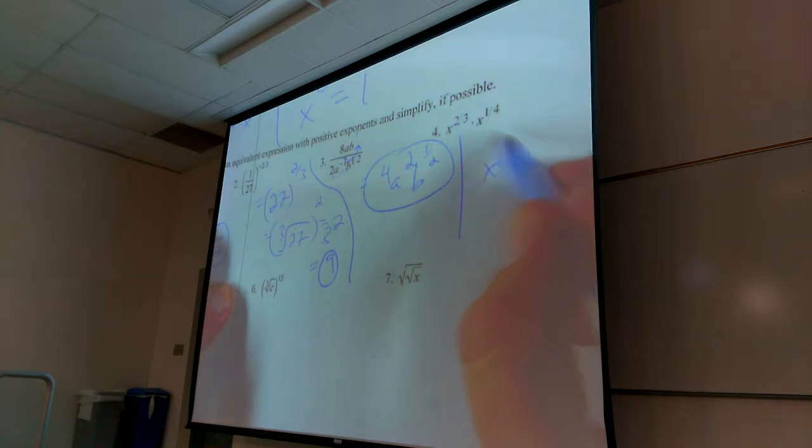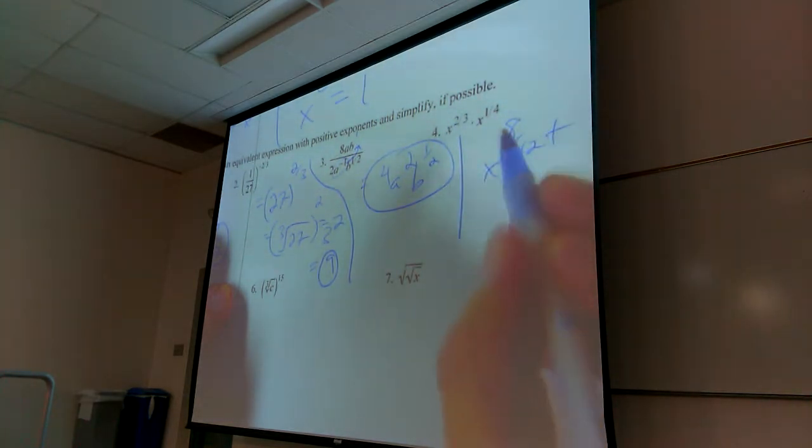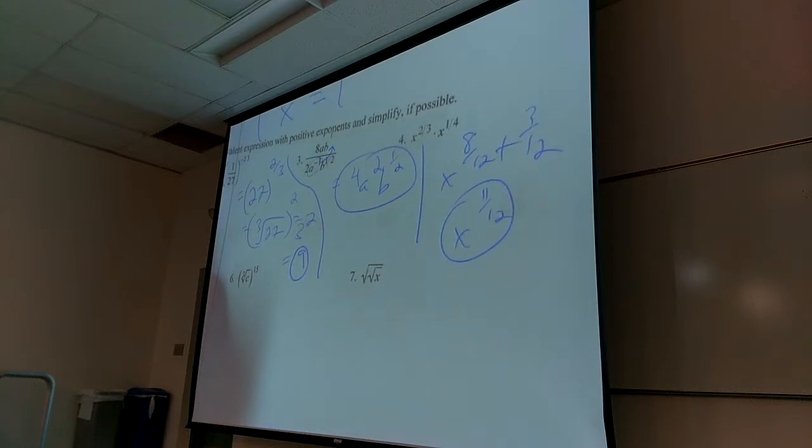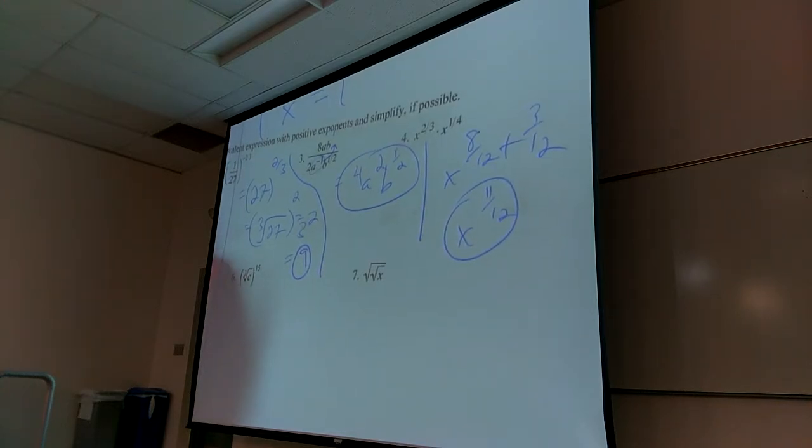So this becomes 8 over 12 plus 3 over 12 is 11 over 12. You add the powers, they're fractions, so we go, oh, I need like denominators. The process just says add them. And we go, oh, the only way I can add them is if they have an LCD.